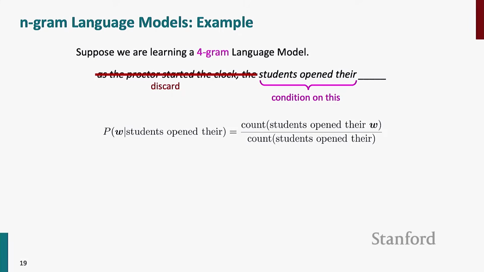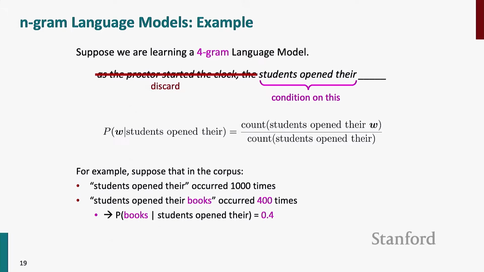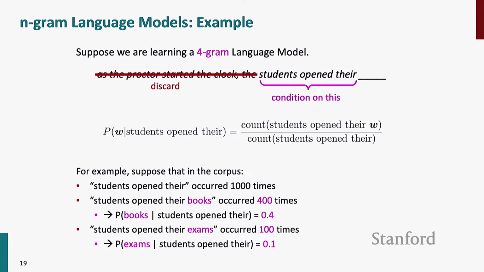And so we're going to work out the probabilities by looking for counts of students open there W and counts of students open there. So we might have in a corpus that students open there occurred 1,000 times, students open there books occurred 400 times, and so we'd say the probability estimate is simply 0.4 for books. If exams occurred 100 times, the probability estimate is 0.1 for exams.